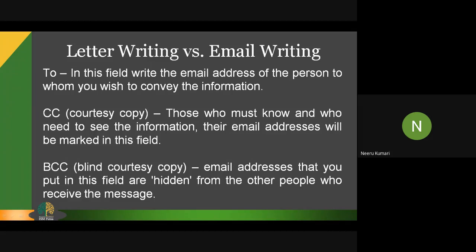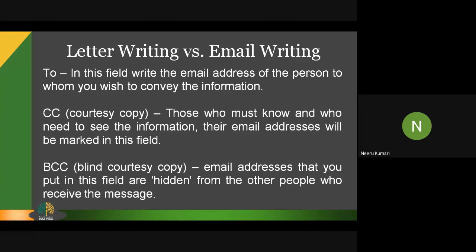So I want you all to practice this. If you have 5 or 10 email addresses, when you are going to share the information, you can see everybody's email address. But when you receive it from somebody else, you will see only your email address. You will not see the email address of others.